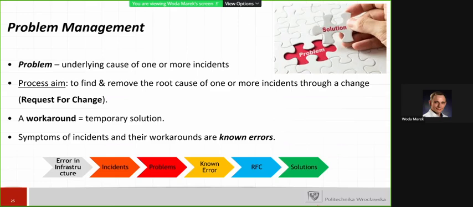So we have to assign the tasks to the technicians or the person who can identify and help to resolve it. If the problem requires some changes in the infrastructure, or let's say ordering some equipment or changing the processes, then we cannot do it straight away.